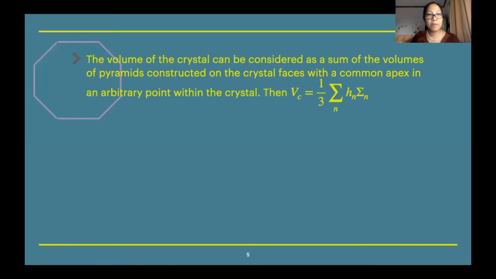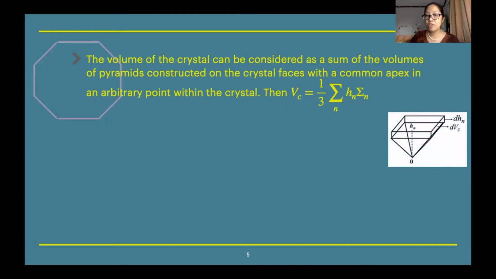The height from the base to the apex of the pyramids is h sub n, and those apex correspond to an arbitrary point within the crystal. What is the volume of a pyramid? It's 1/3 times the height times the length of the base and the width of the base. An illustration of one pyramid constructed within the crystal is shown.